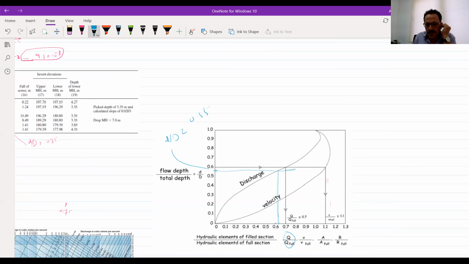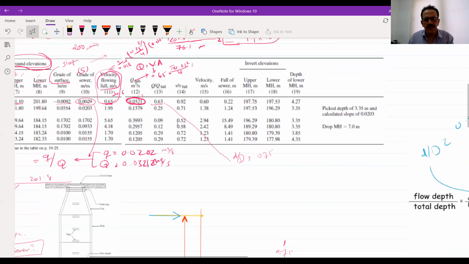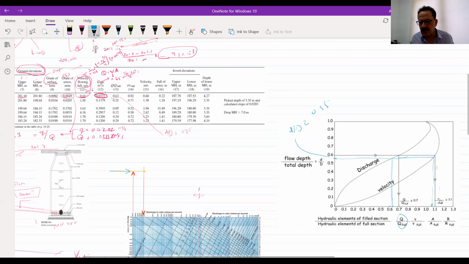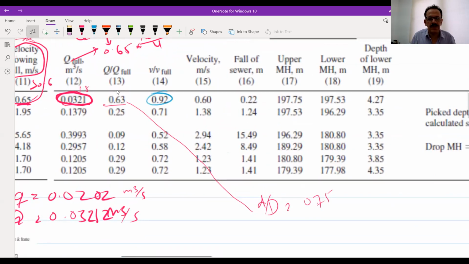And the same way, what will be the value of v over V? We can find this one. It will be between 0.9 and this one. Yes, we have to go with 0.63, and it will be about 0.92 here. So this is the flow that we will have. Now, what should I do with this 0.92, the v over V?